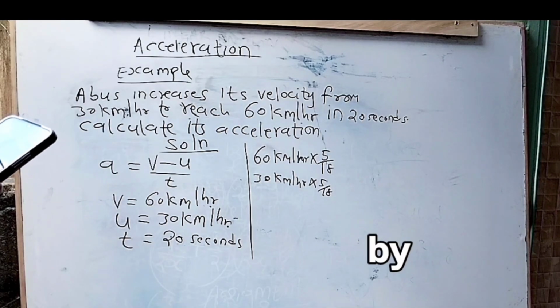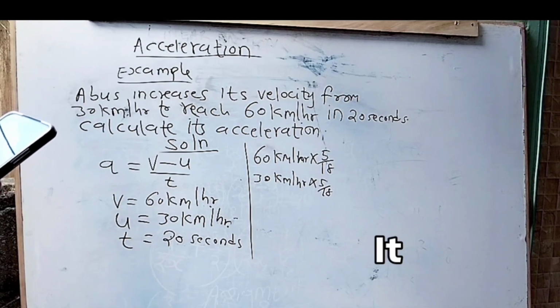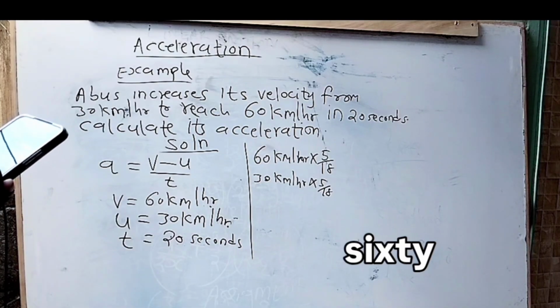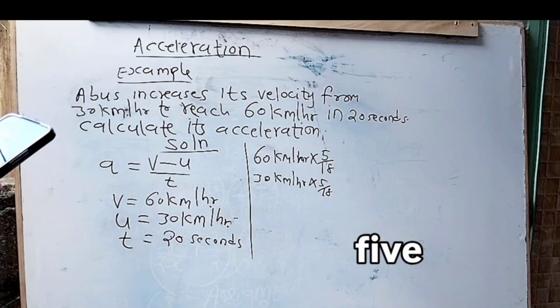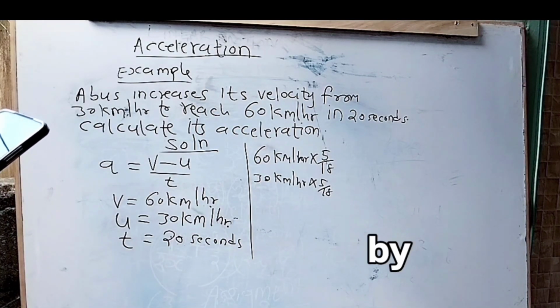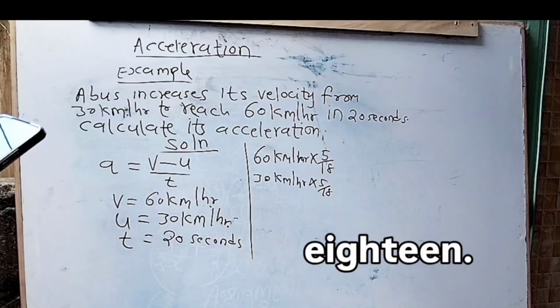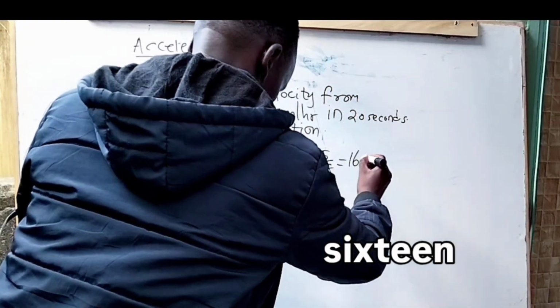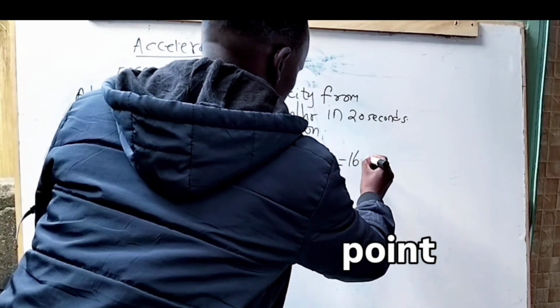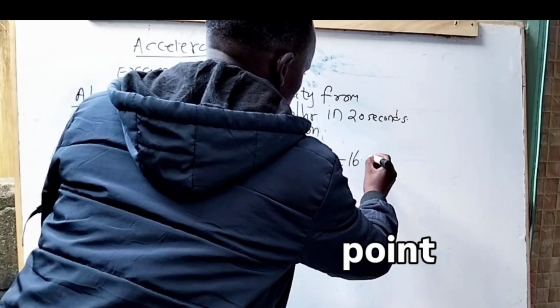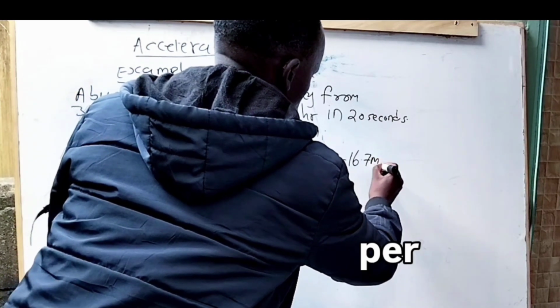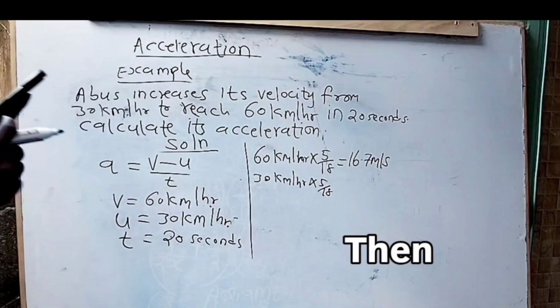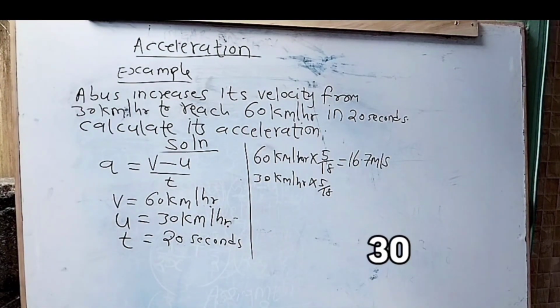If you multiply 60 by 5/18, what do you get? It is 60 times 5, you divide by 18. You will get 16.7 meters per second.